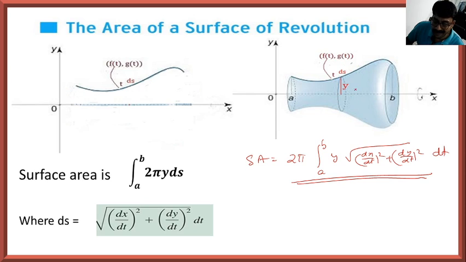Similarly, when it is rotated about the y-axis, a different surface we get, and its surface area will be 2 pi integral a to b, instead of y it will be x ds, which is the same ds, square root of (dx by dt) the whole square plus (dy by dt) the whole square.